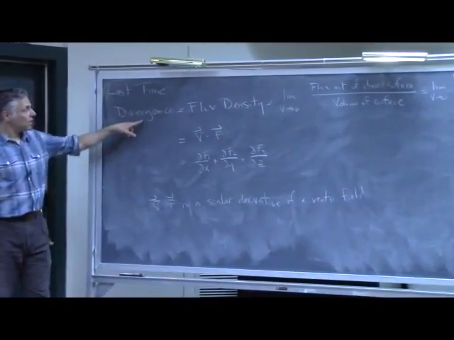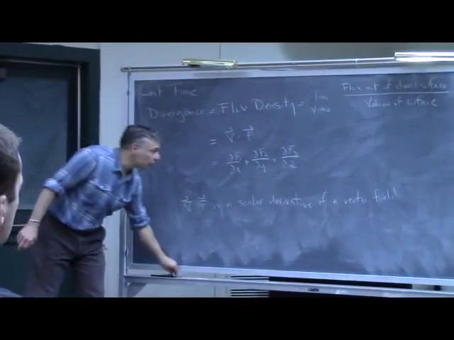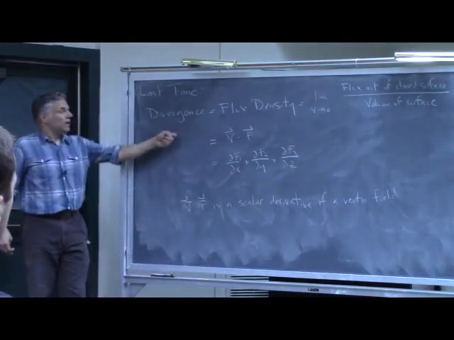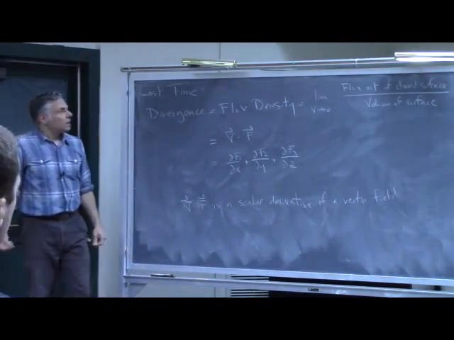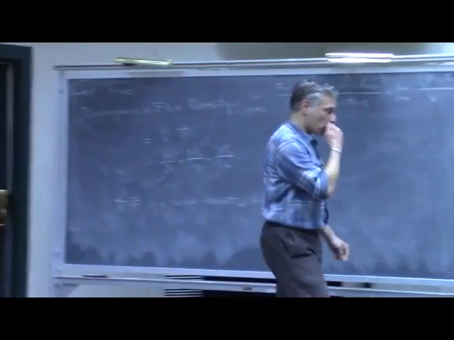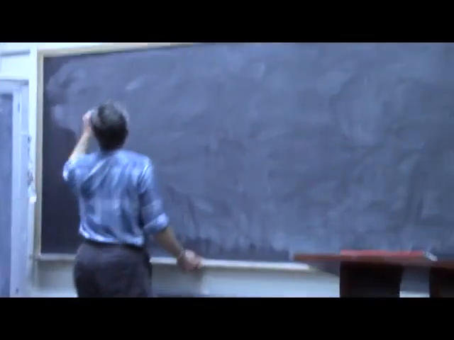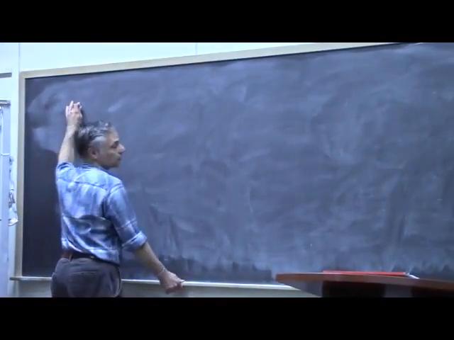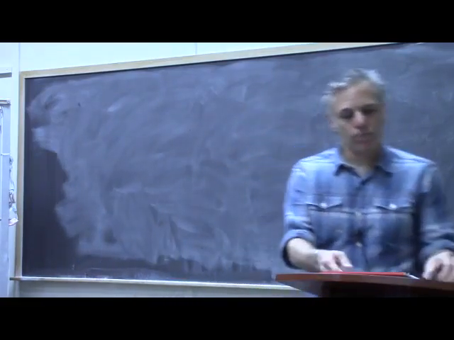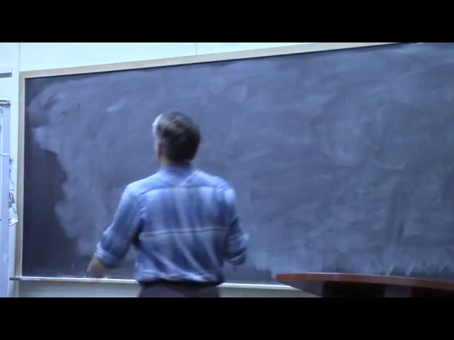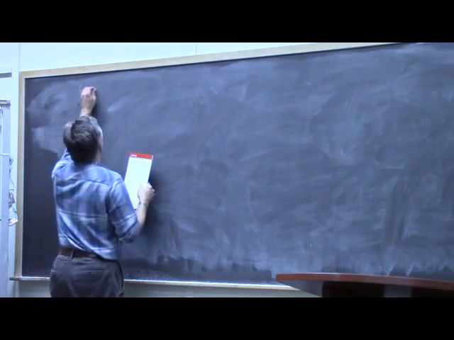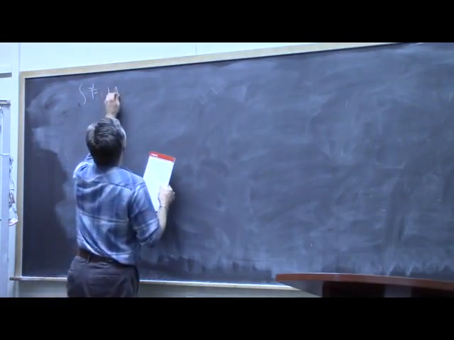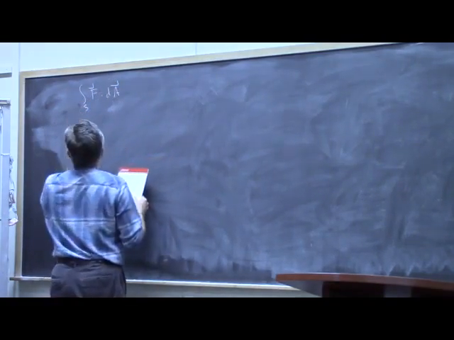OK, so this is I think more or less where we got to last time. So now suppose we wanted to know, set this up, suppose we want to know the flux over some closed surface.